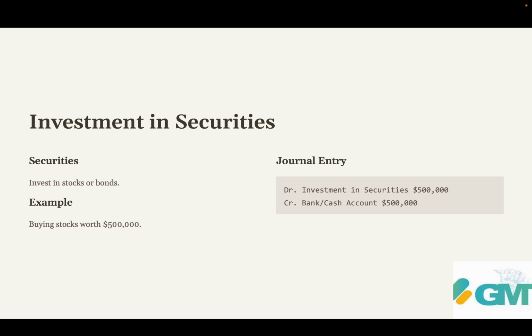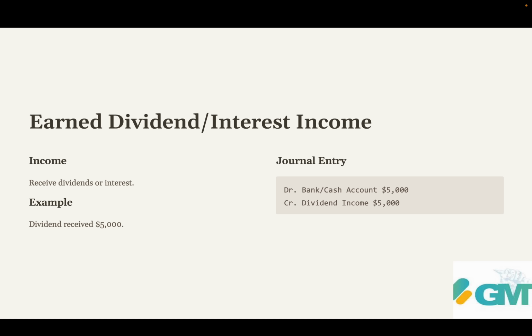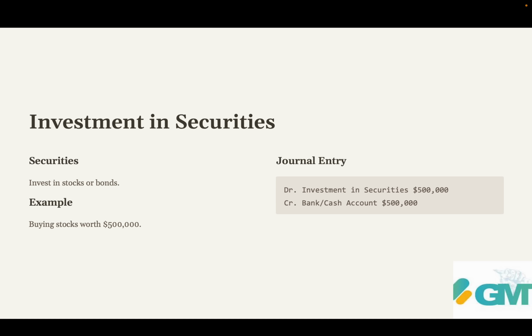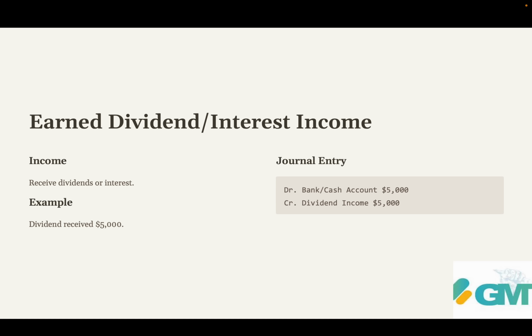Now moving to the next general entry, we designed these general entries on the flow. First, capital will be received by the firm, then the firm will invest into security. If the firm invests into security, they will earn income or dividend. So this is the third entry.